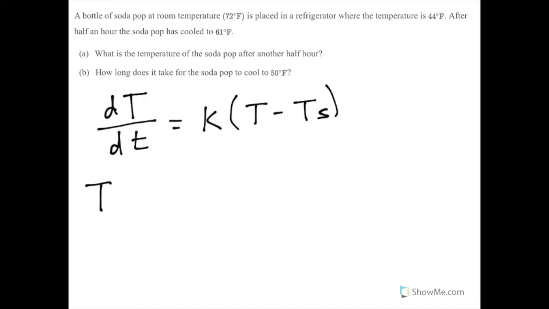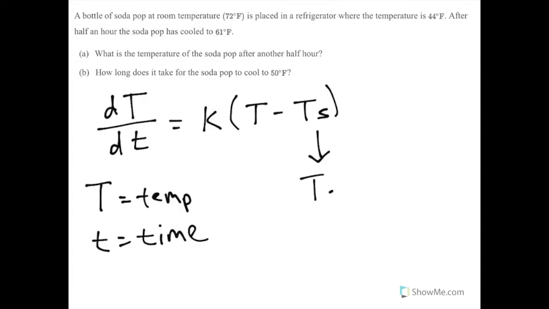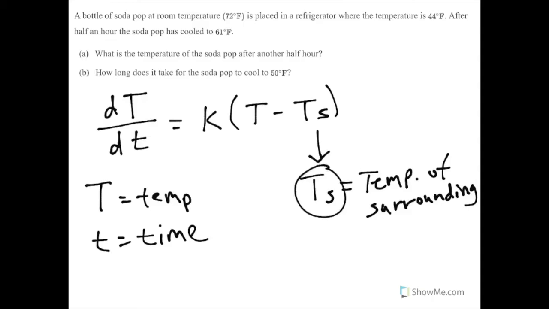Big letter T is the temperature, and little letter t is the time, and T subscript s is the temperature of your surroundings. So wherever you're moving your object to, what's the temperature around that object now after you've moved it? Okay, by the way, this T subscript s is fixed. This is a constant value. This is not something that's changing.